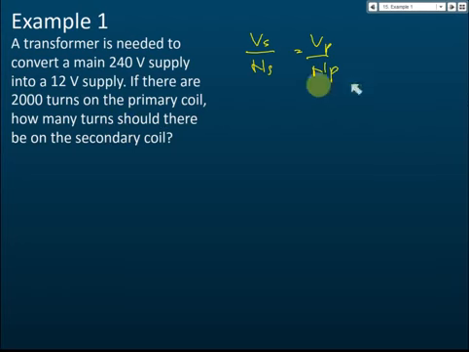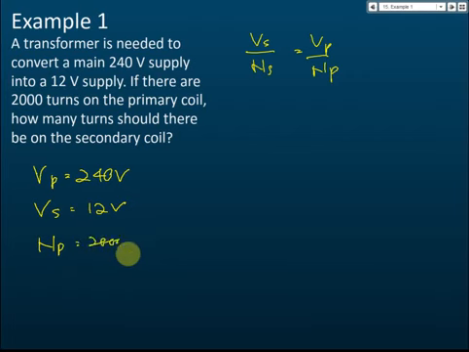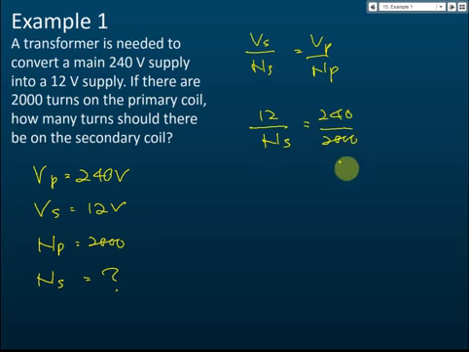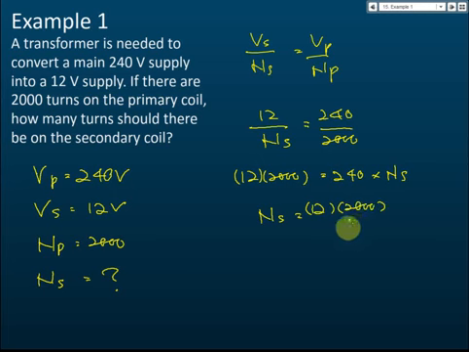Use this formula to find the number of secondary coil turns. So the answer is 100.